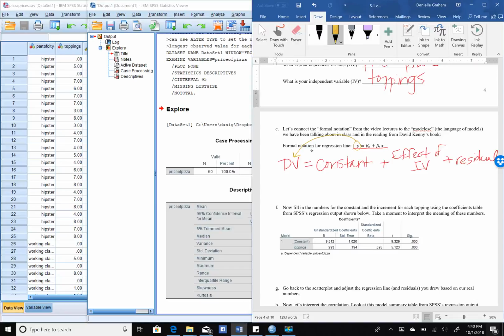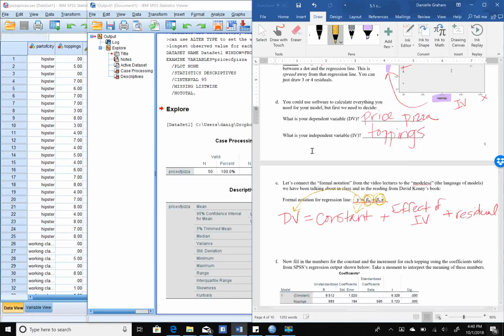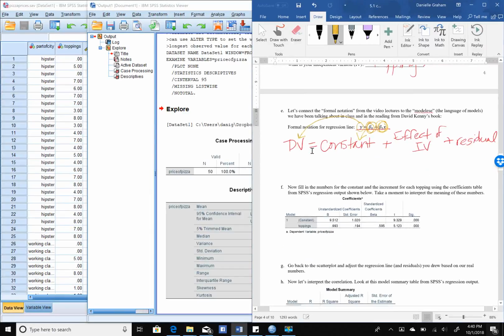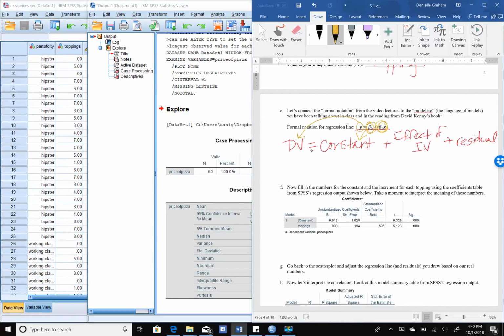This b naught is our constant. And this part, the b sub 1 times x, x is our independent variable. So this part is talking about the effect of the IV.